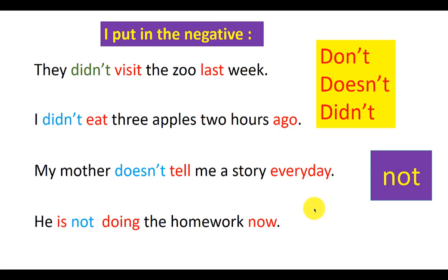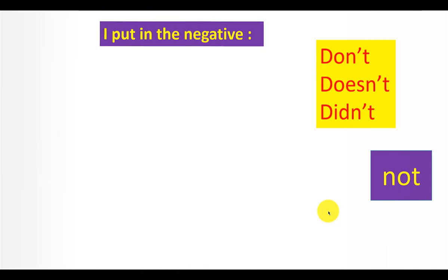Yes, we move now to some practice. Okay, I will give you sentences to be put in the negative. I read here the instruction. Put in the negative. These words will help you. Do you remember them? Yes, what are they? Don't, doesn't, didn't, not. What is don't?